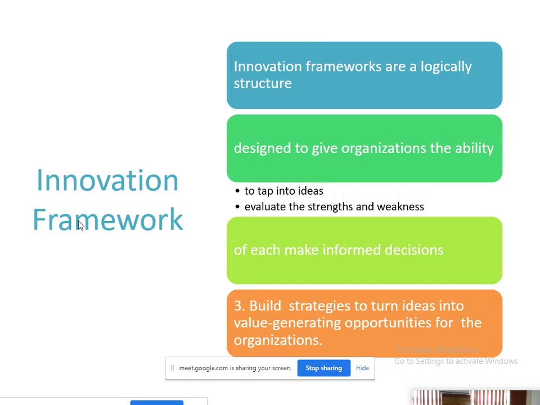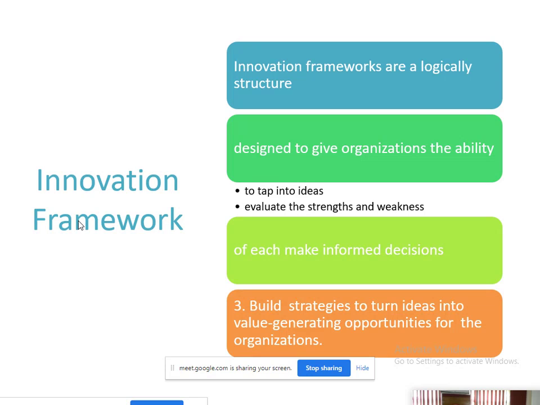And this is the innovation framework. Basically, till the last slide, I told you about what innovation is, and then the innovation methodology. To implement this innovation methodology, we must follow some innovation framework.